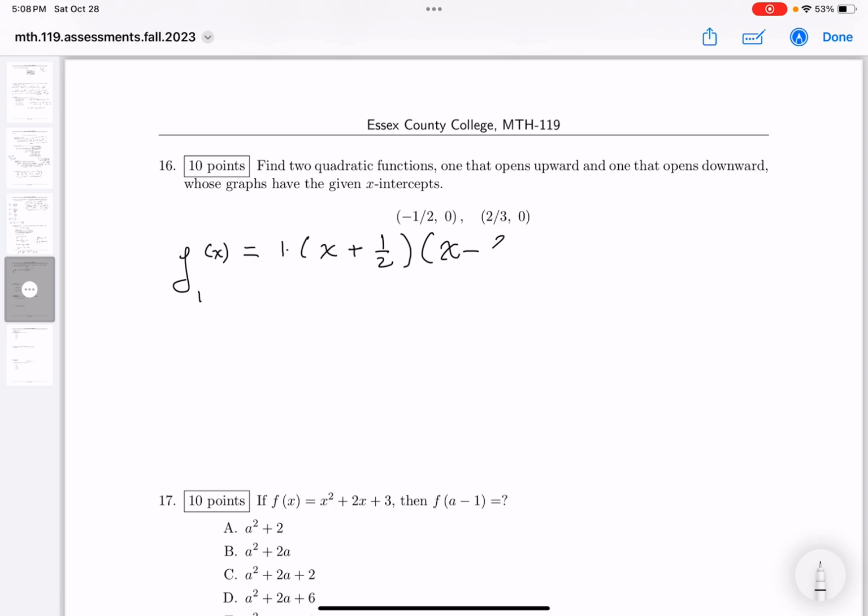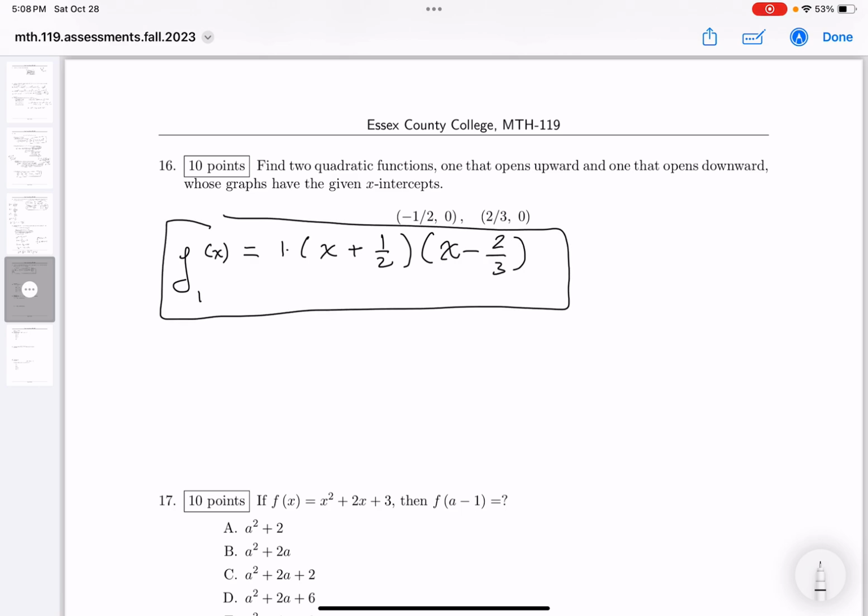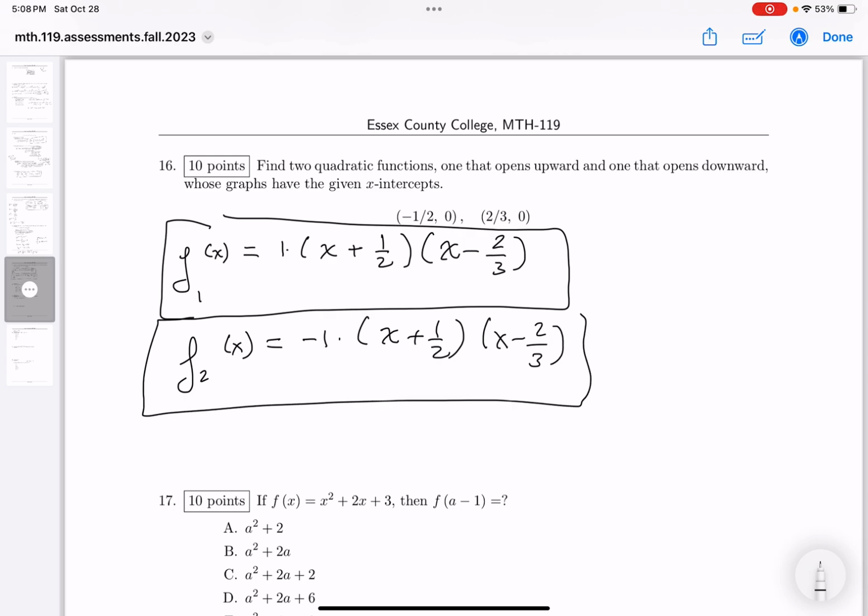And then you're going to write down x minus 2/3. That's one of them. This opens upward. The second one, if you want to open downward, what's that going to equal? Well, it's going to be minus 1 instead of 1. It'll open downward. You get minus 1 times x plus 1/2, x minus 2/3. Now granted, I realize some students want to write it without the fractions.